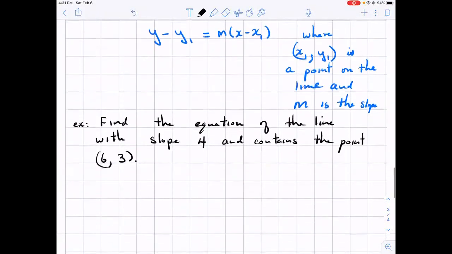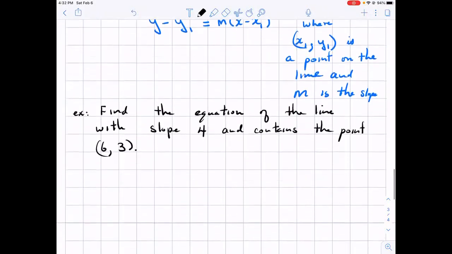So you will notice now that what's given to us, the slope is given. So this tells me that m is equal to 4.